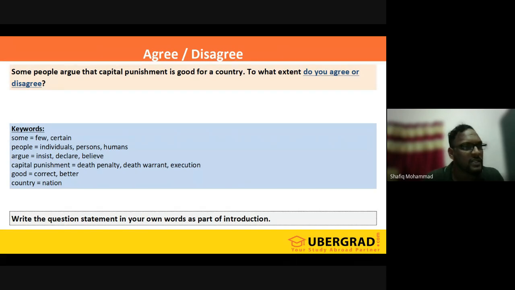Okay, Ravi Teja: nowadays certain persons believe that death sentence is better for a nation. Instead of saying nowadays, you can write something like certain individuals. That would be better. Certain individuals believe that death sentence is better for a nation. I completely agree because once a criminal changes his mind, then he will see the world in a new way.